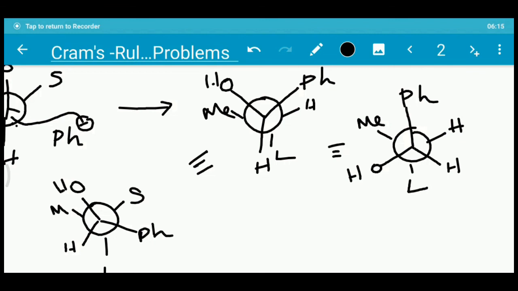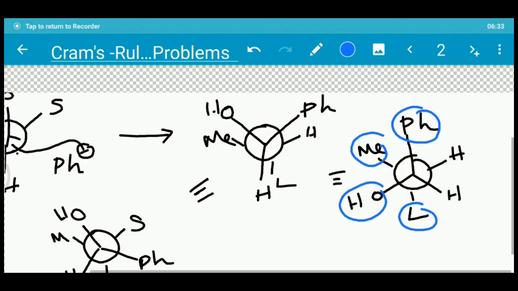So you can see my phenyl and my large group are anti to each other. In that case, my methyl on the chiral carbon and my OH are cis to each other. So they are cis to each other.